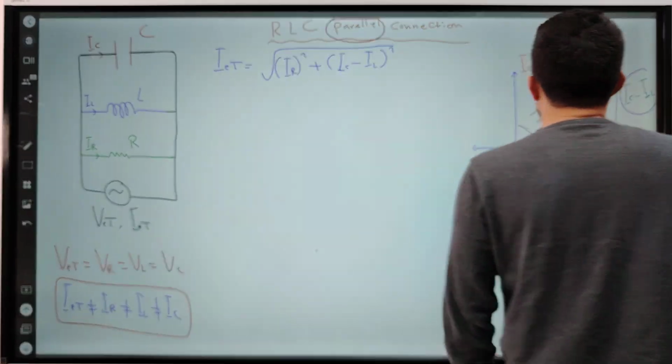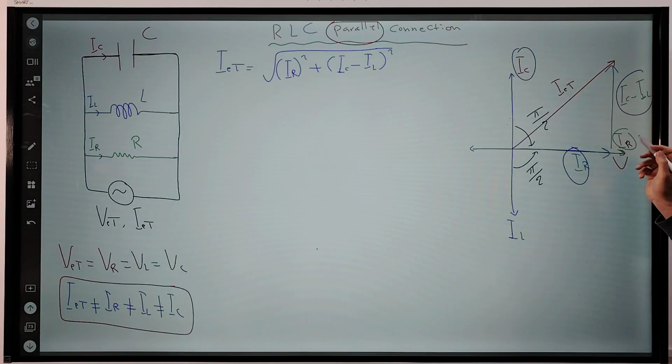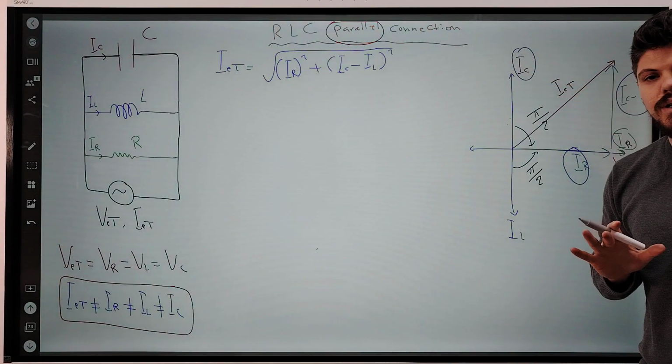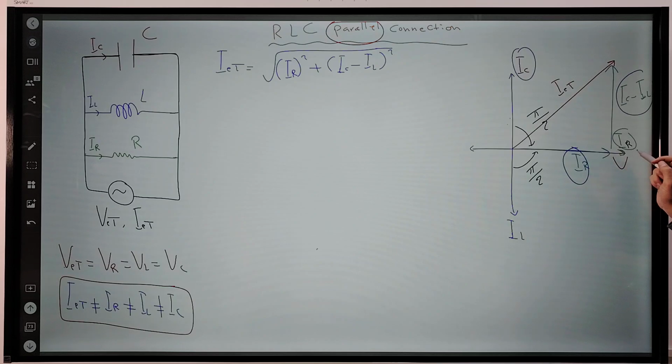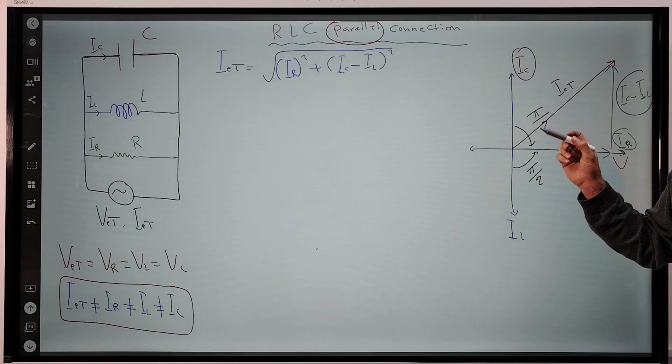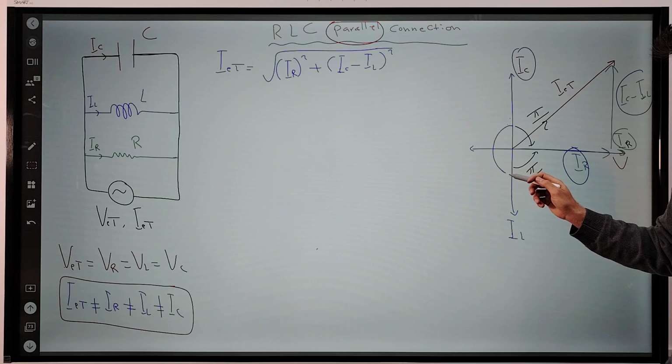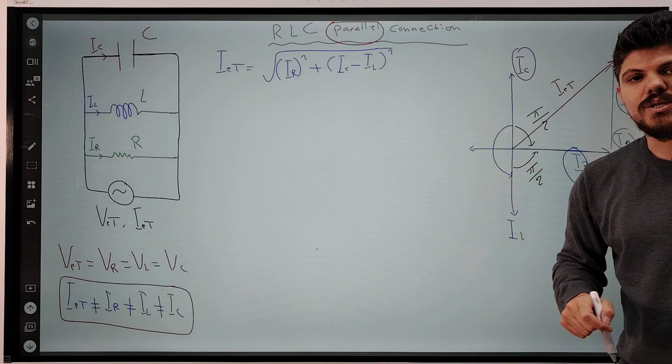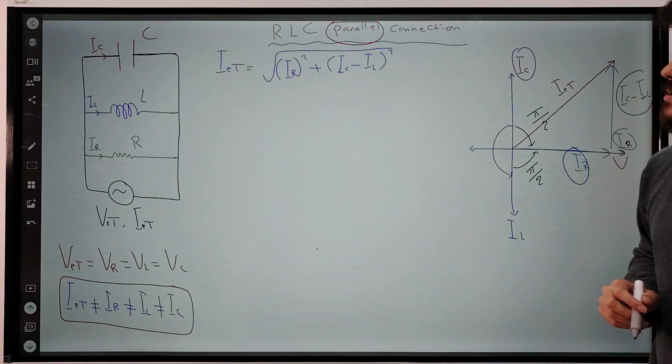So, what is the angle between IC and IR? 90 degrees. What is the angle between IL and IR? 90 degrees. What about IC and IL? There is 180 degrees or pi rad. Okay?